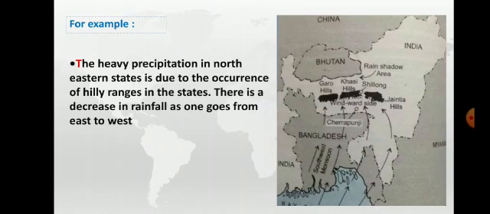That's why you see that the highest average annual rainfall is received in Khasi Hills, that is towards the southern range of Khasi Hills, where Cherrapunji and Mawsynram are situated. Okay, so there is a decrease in rainfall as we move from east to west direction.